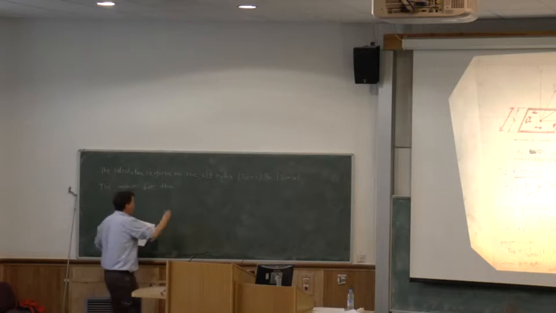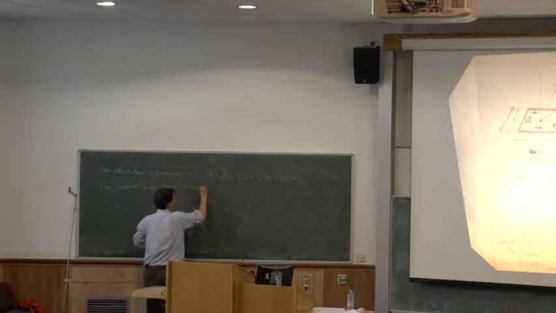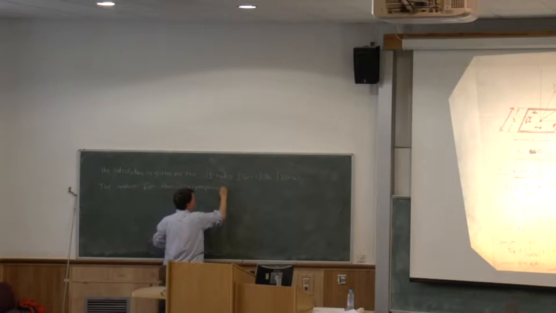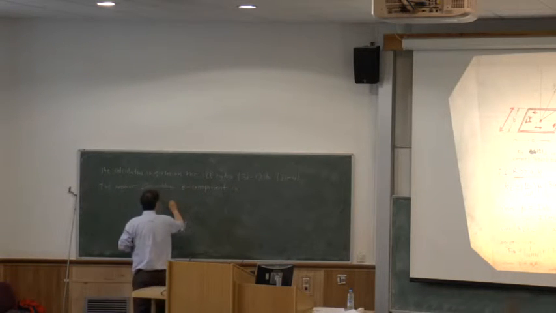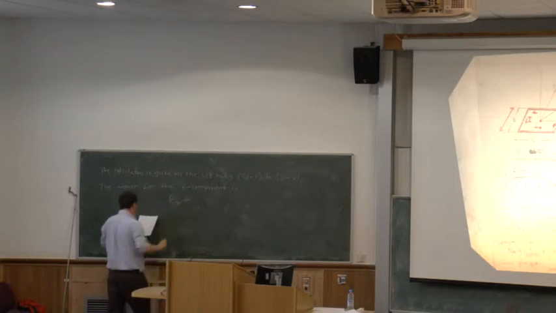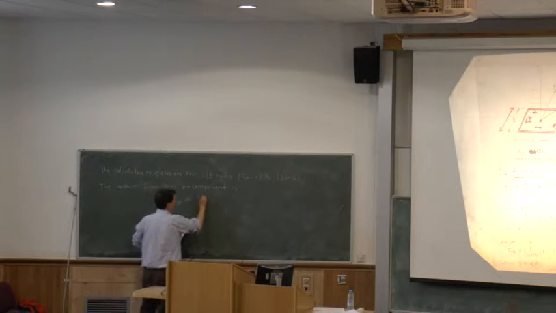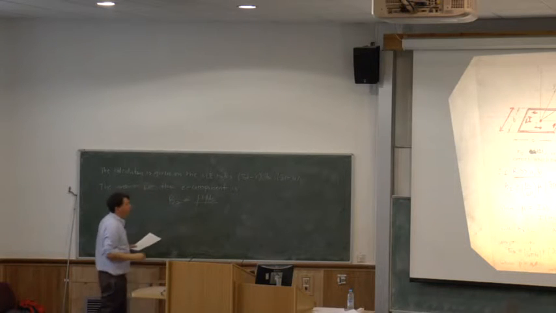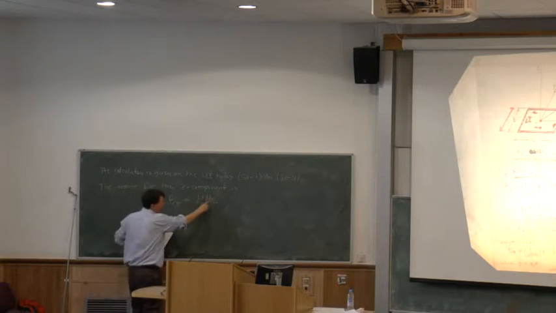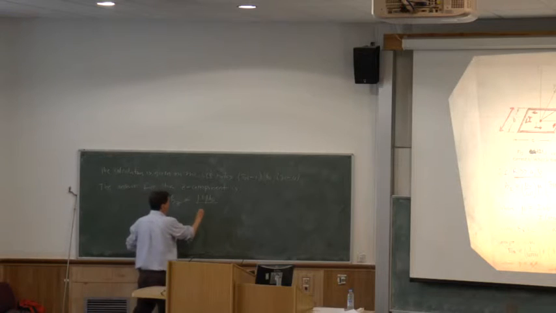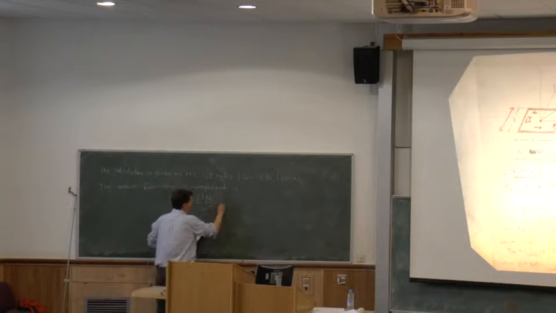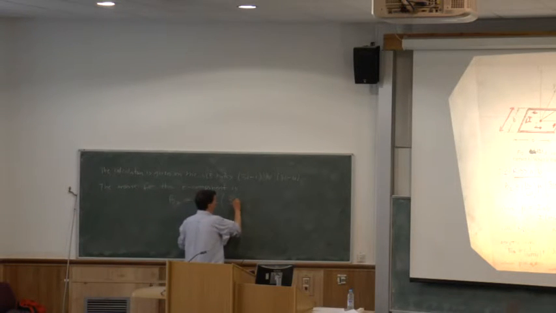The answer for the Z component, it's already written up on the view graph there, is BZ equals mu naught, the permeability of free space, over 4 pi, into 3 cos squared theta minus 1 over r cubed.